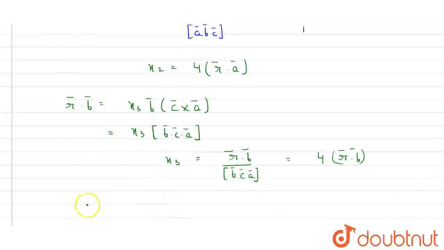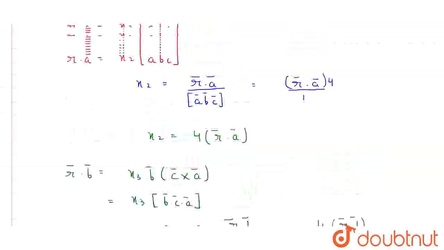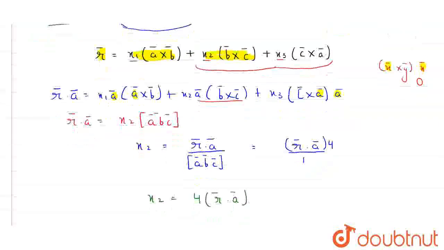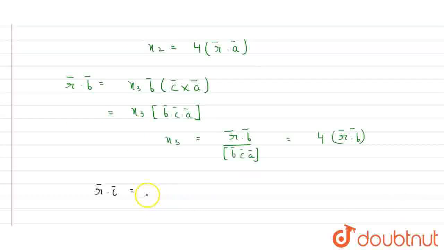Now I have to find the value of x1, since we have x2 and x3, okay? So if I do r dot c, now look at our equation. If I do r dot c, then this value will become 0 and this value will become 0. So I'll get x1 c vector (a cross b).